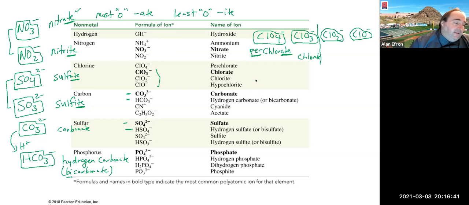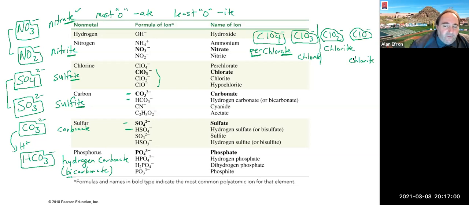And that is why that is referred to as perchlorate. Chlorate, the 2 on the right have the least number of oxygens in a group of 4. They would end with ite. So that is chlorite.